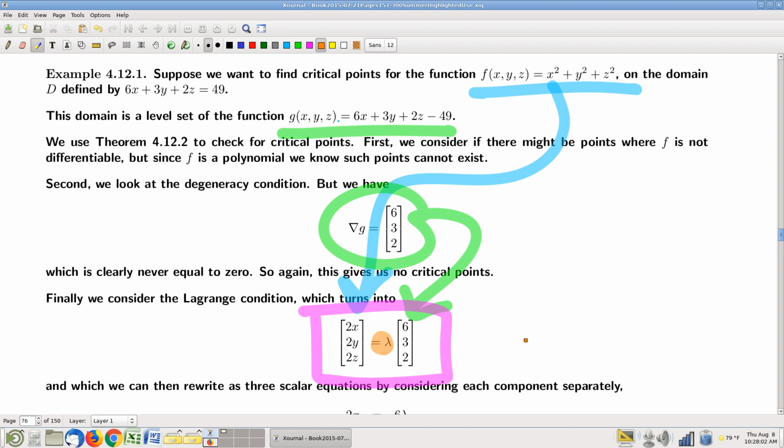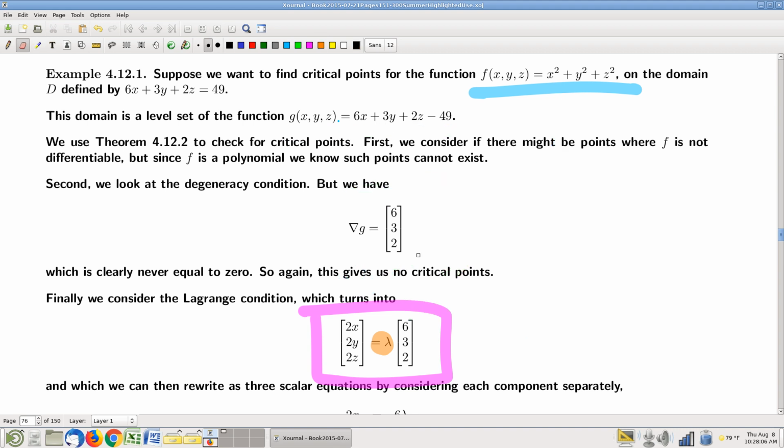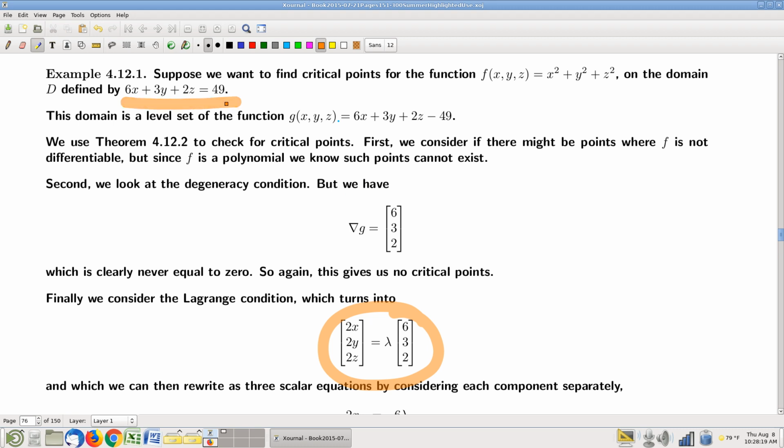There's the algebra to run away with, but one thing missing. Keep in mind, this is how I eliminate points that I'm worried about. What points am I worried about? I'm only interested in points that are actually on the constraint set. Points that are not on the constraint set, I'm not worried about them either.